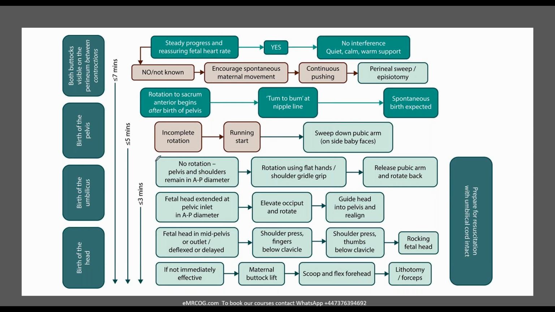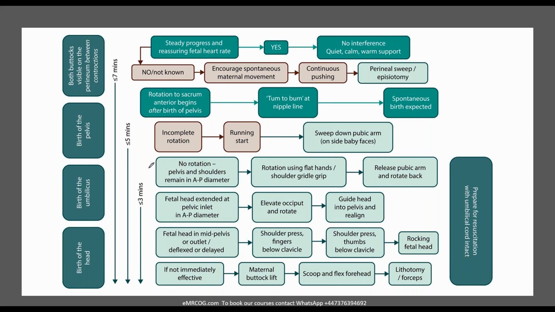Clear. Okay. So there is another situation like no rotation, pelvis and shoulder remain in the anterior posterior diameter. So what I will do now? The pelvis and shoulder remain in the anterior posterior diameter.